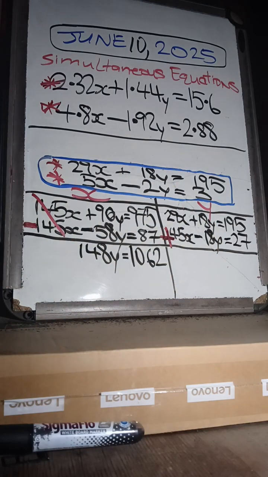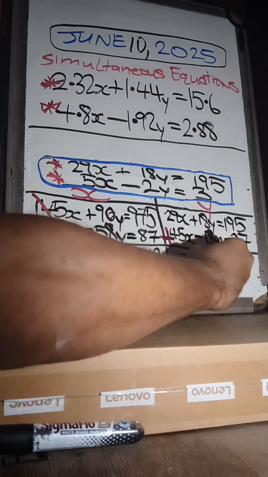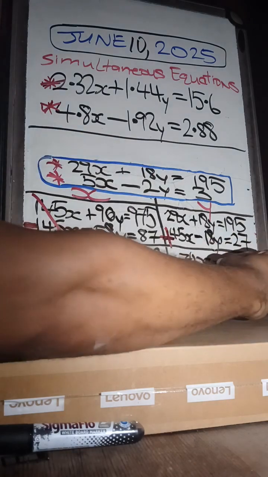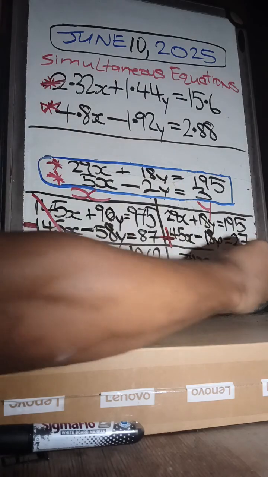So 9 plus 5, 14. So we're going to have 74x, and then that is equal to, alright, 1 plus the 19, 20. So that's 222.